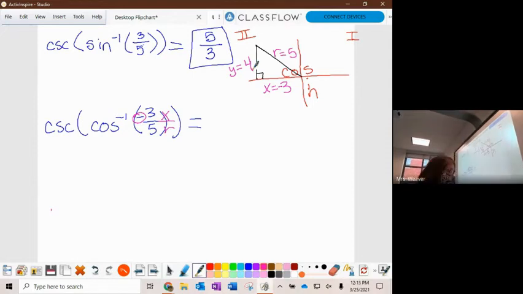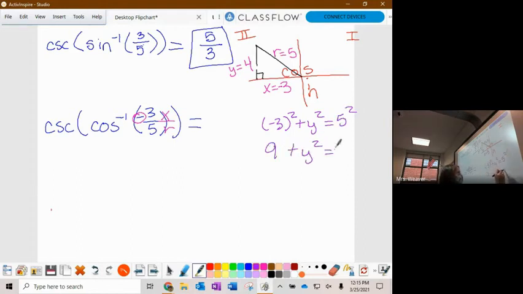Now, if you didn't recognize that as a Pythagorean triple, no problem. You would just do negative 3 squared plus y squared equals 5 squared. 9 plus y squared equals 25. y squared equals 16. Undo a square with the square root. We pick up the plus or minus option.